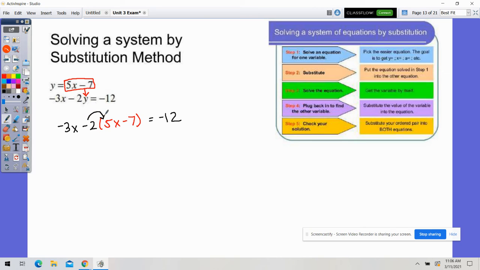We're going to take this negative 2 and distribute to both terms in the parentheses. We didn't touch this negative 3x, I'm bringing it down. Negative 2 times 5x is negative 10x. And negative 2 times negative 7 is positive 14, equals negative 12.